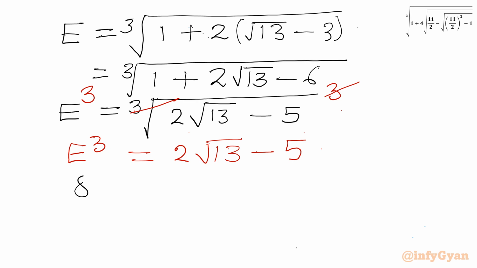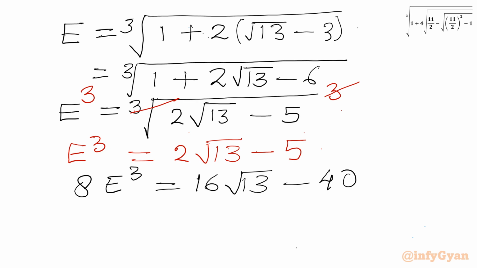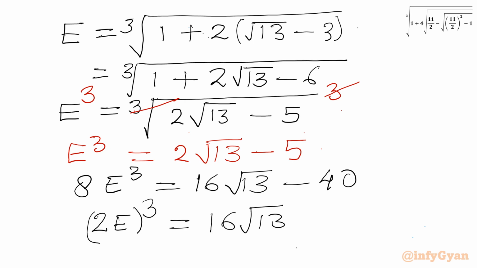So I can write 8 E cube equal to 8 times 2, 16 root 13, minus 8 times 5, 40. So LHS we can write it is 2E whole cube and RHS is 16 root 13 minus 40.